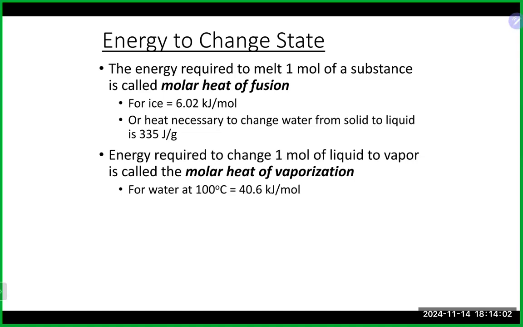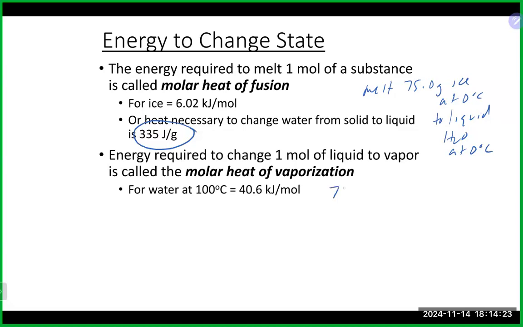But if you want to know, for example, how much energy would be required to melt 75 grams of ice at 0 degrees Celsius to liquid water at 0 degrees Celsius, you could use the heat of fusion, which is the energy required to do that.